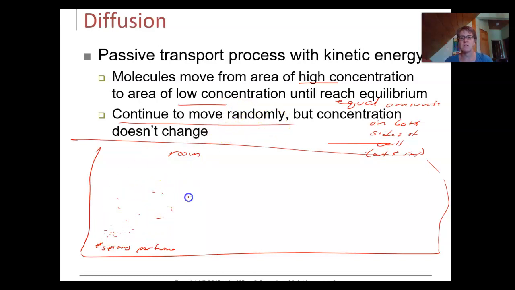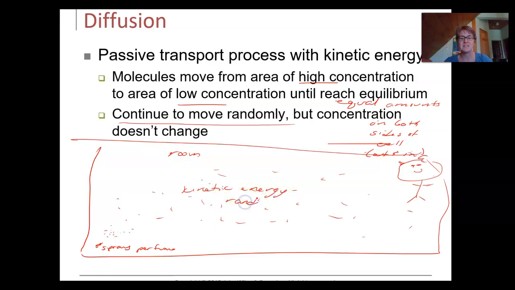They bounce around and spread out until eventually you, right here, can smell it. And it's moved because of kinetic energy. Kinetic energy is just random collisions. Random collisions means I just keep bumping into each other until we're equally spaced out.